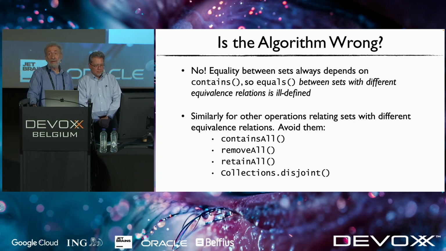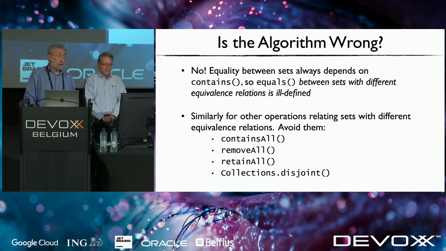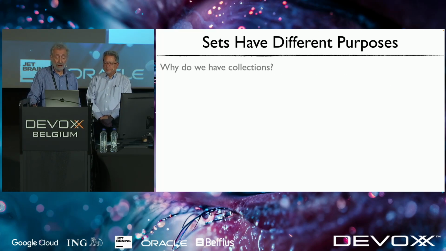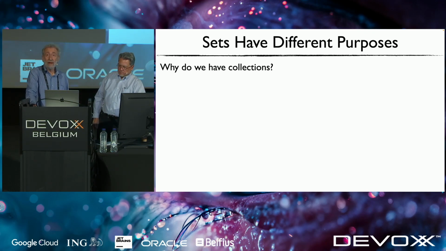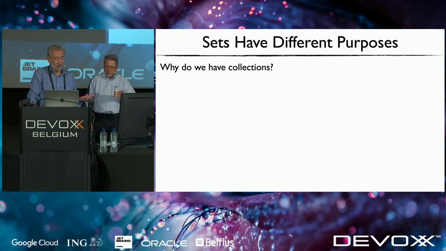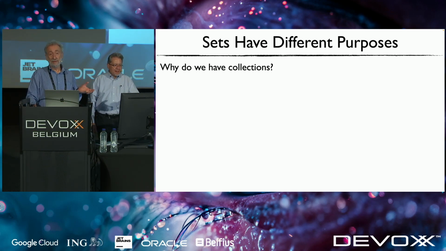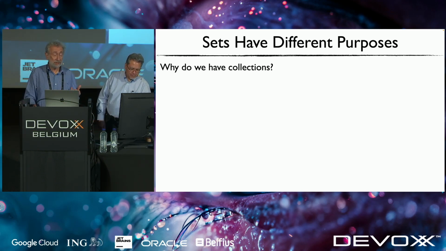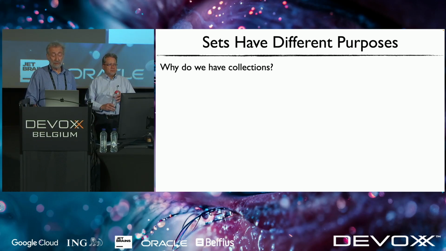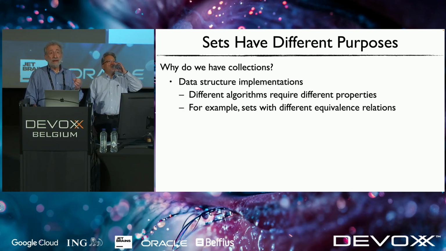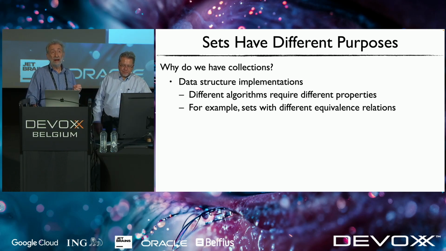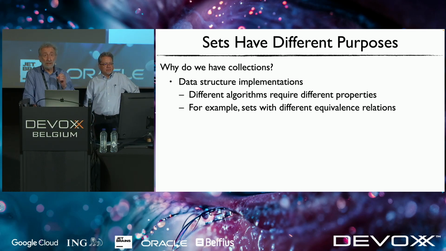Right. So is this a really bad situation? Well, it isn't if you understand it and you know what to do about it. These things like identity hash set, and certainly the sorted set implementations, are very useful. They're useful specifically for specific algorithms and implementations of specific data structures.